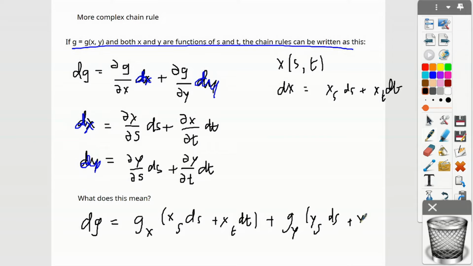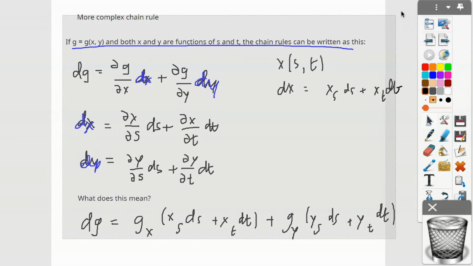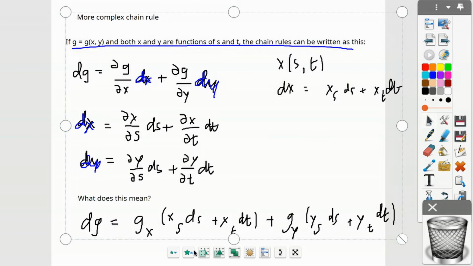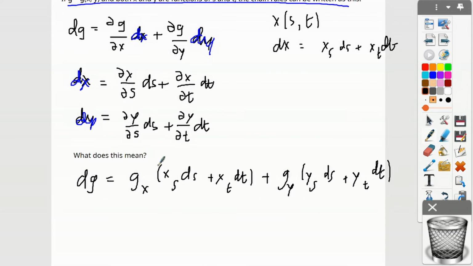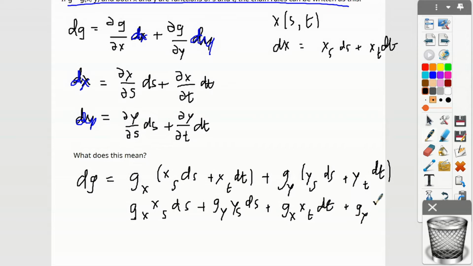And it kind of all falls into a smooth tree, right? I'm gonna use tree because we're gonna do something with trees. So this is the differentials that we'll get right here. What else can we do? We can distribute, and then we can actually group as well. So you'll get g sub x sub s ds plus g sub y sub s ds plus g sub x sub t dt plus g sub y sub t dt.